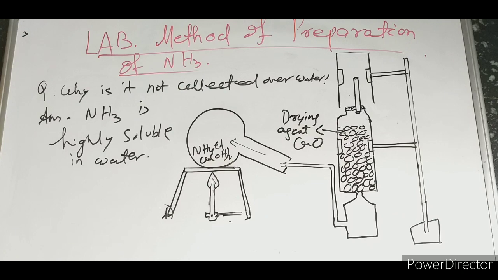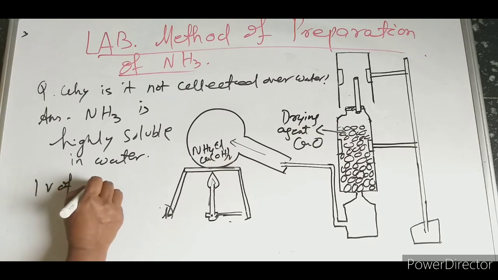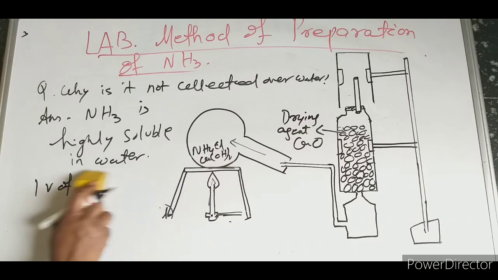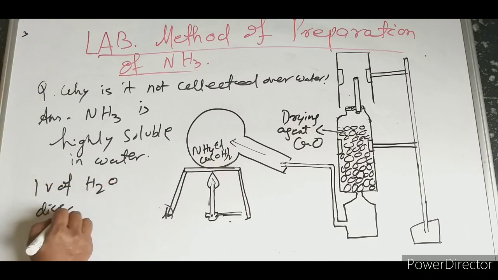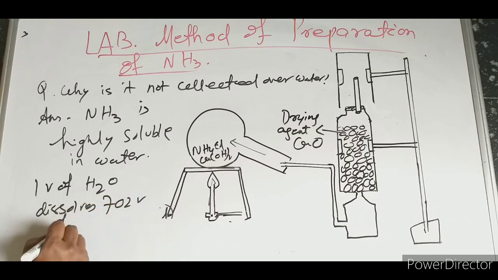Here, 1 volume of water dissolves 702 volumes of ammonia. Just see how highly soluble it is in water.